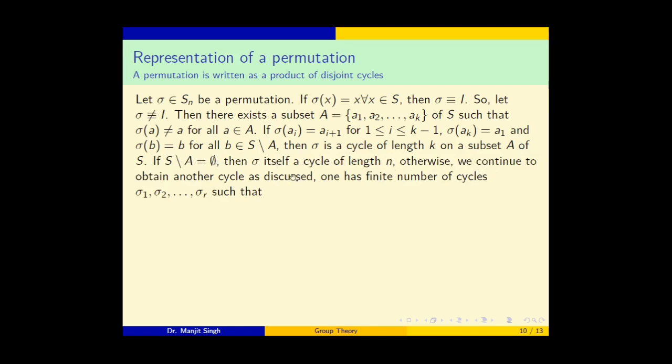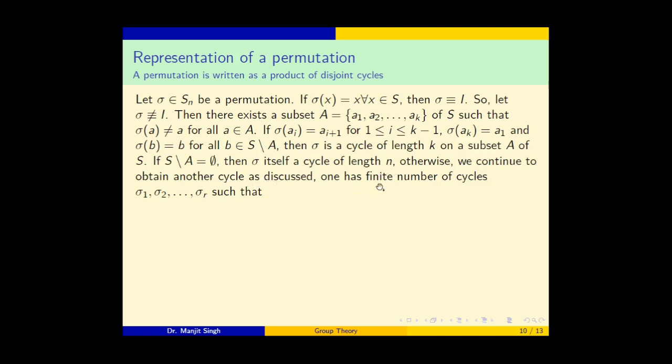Otherwise, we will continue to obtain another cycle as discussed. There will be another subset B such that sigma(b) is not equal to b for all b belonging to B, where B does not belong to A.